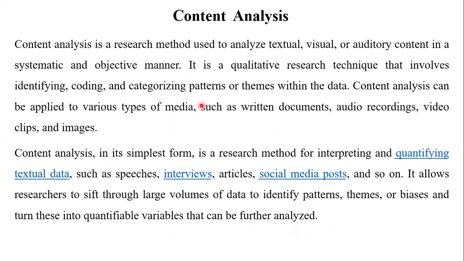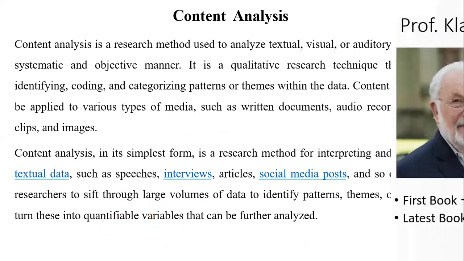So content analysis is basically the transformation of your qualitative data into quantifiable or quantitative data.